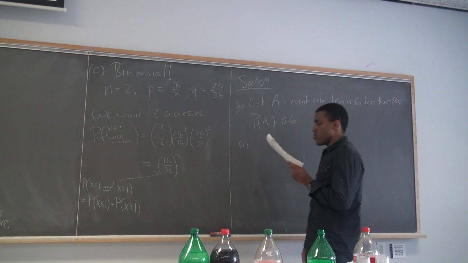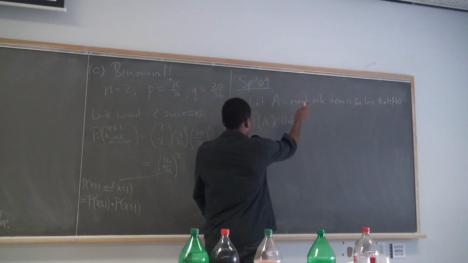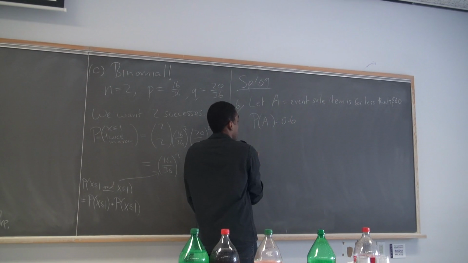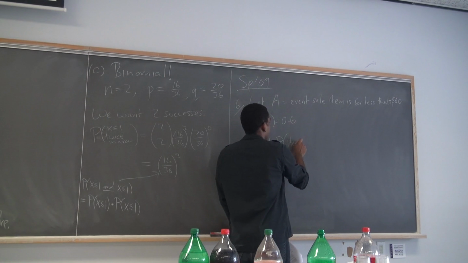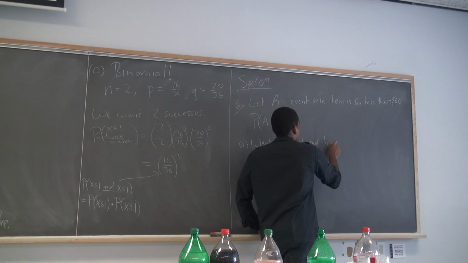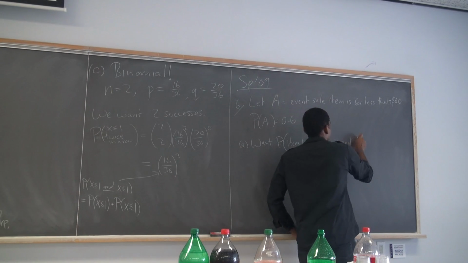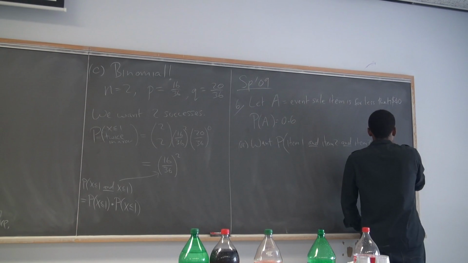Probability that 3 randomly selected sales are each for less than $40. Right? So how do we do this one? 0.216. You just choose it? 0.6 times 0.6 times 0.6. Right. So we want the probability that item 1 and item 2 and item 3 are for less than $40.